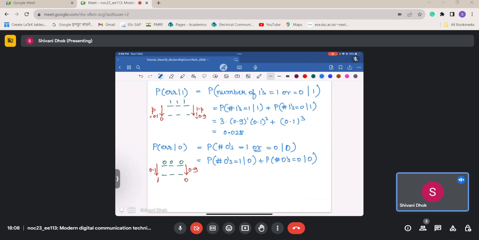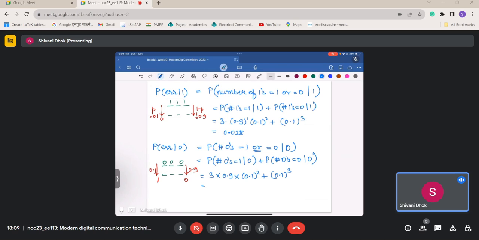With the same argument, if I have only one 0 in one of these 3 places, that can happen in 3 ways, and the probability that that particular 0 is received as 0 is 0.9, and the remaining 2 bits get flipped to 1, which happens with probability 0.1 square, plus we have all of these zeros converted to 1, so that probability will be 0.1 to the power 3.